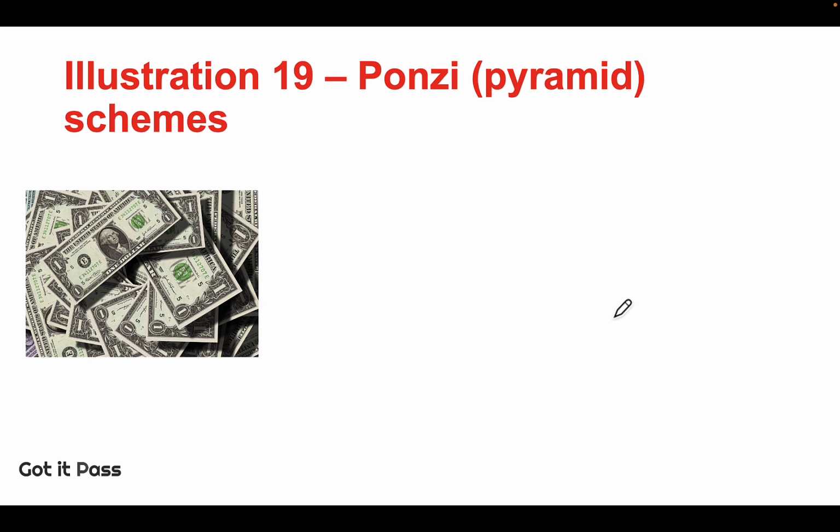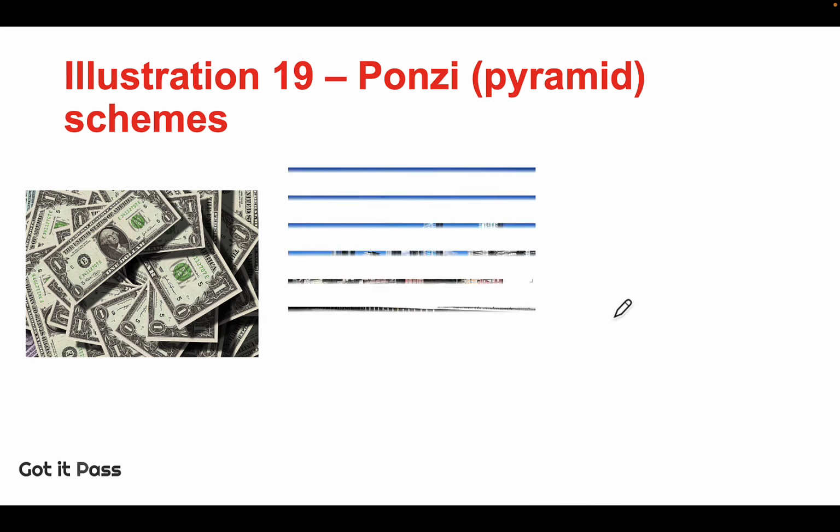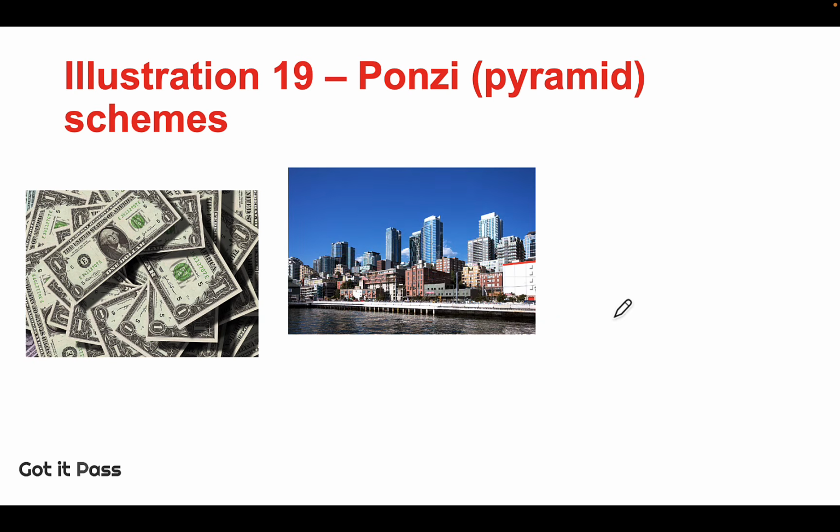A person called Charles Ponzi moved to America in 1903 and set up his savings scheme in Boston, offering 50% interest in 45 days or double the investor's money in 90 days.